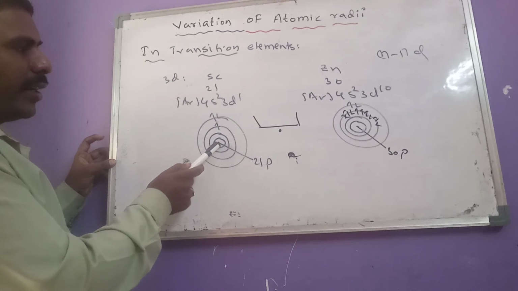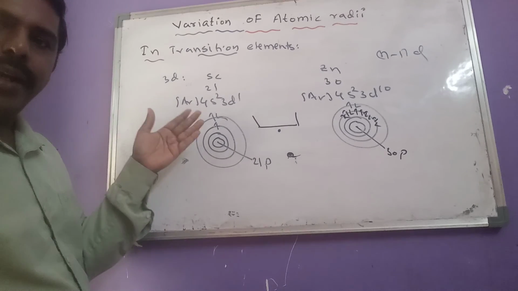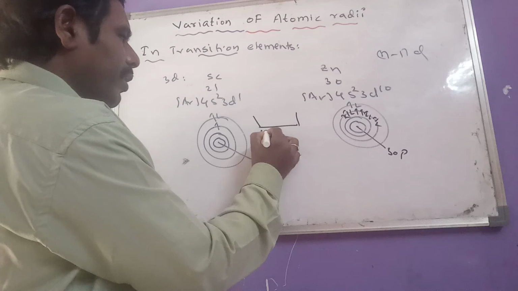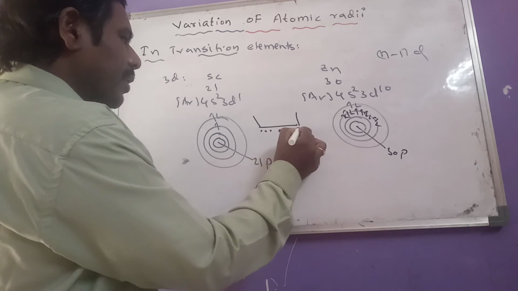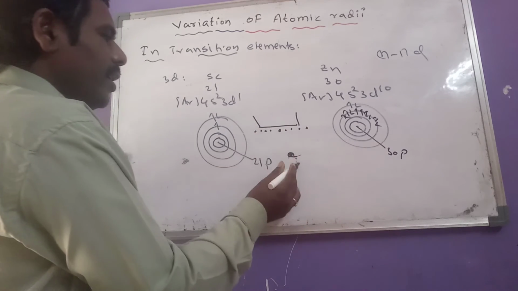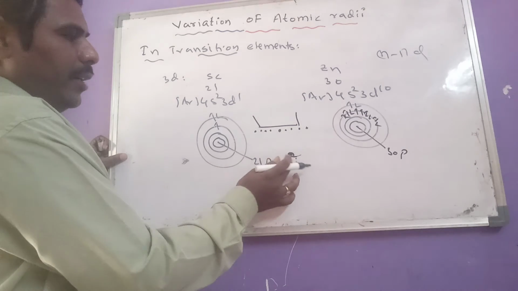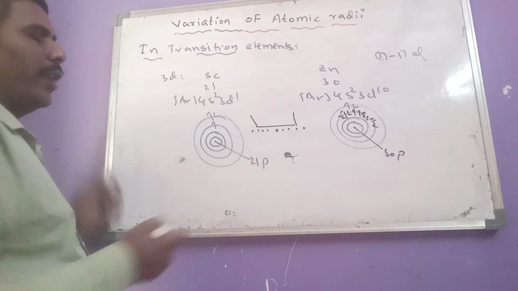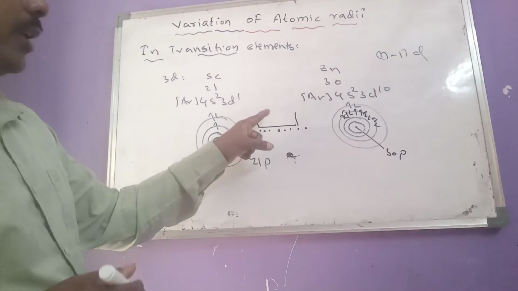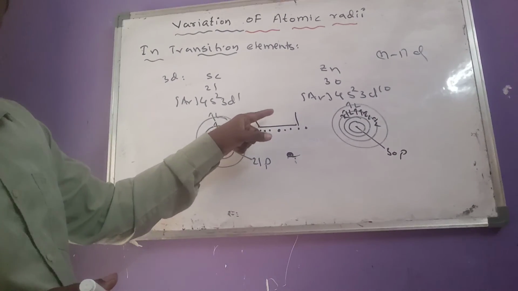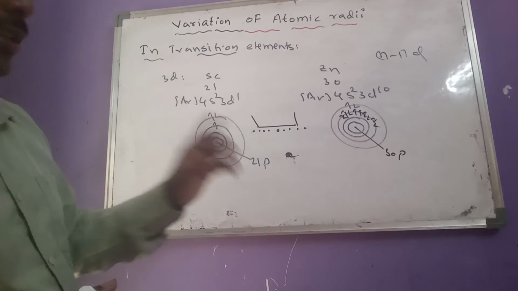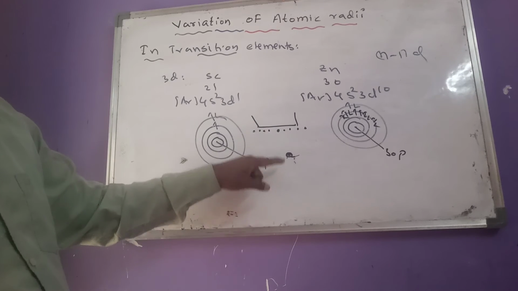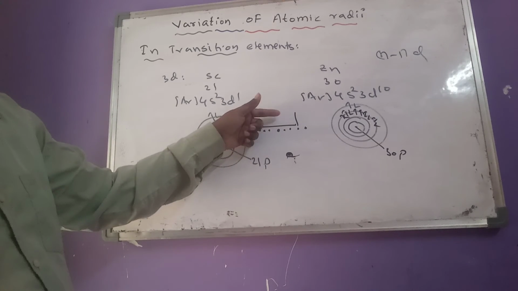That means nuclear attraction reaches the outer orbit to a greater extent. But like in the case of zinc, if 10 goalkeepers are present like this, and the player kicks the ball from the ground floor only, the probability of the ball reaching the post is very less, because a total of 10 goalkeepers are screening the ball.